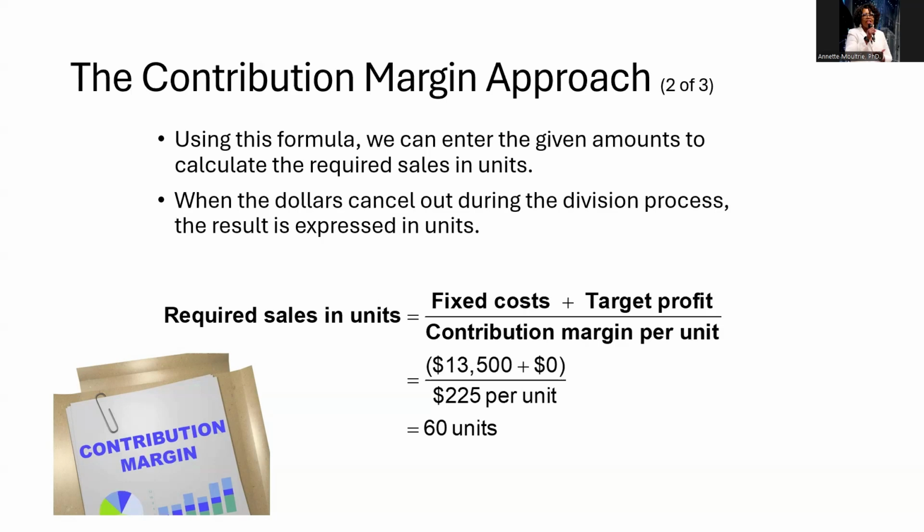Putting the dollars in place, you have $13,500 plus 0, which is $13,500, divided by $225 per unit, which equals 60 units. We're still talking about the contribution margin approach.